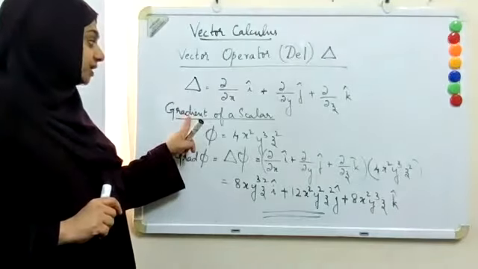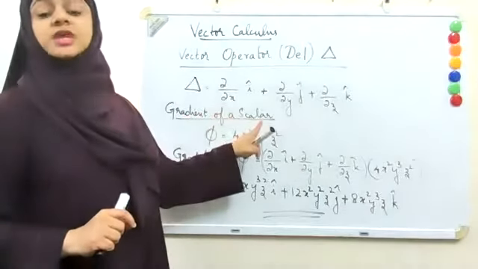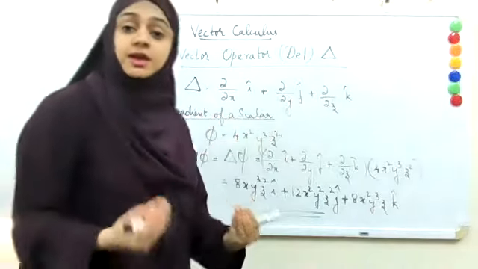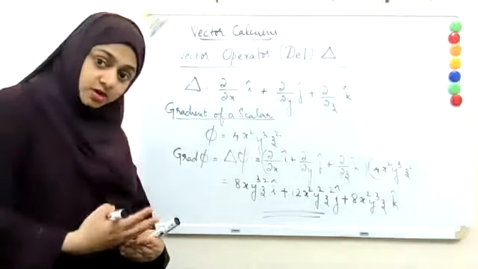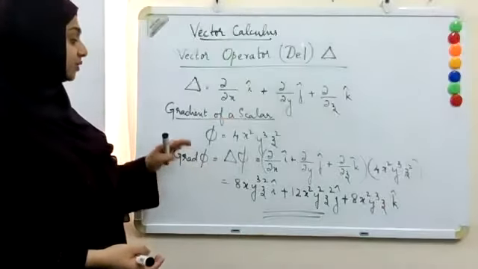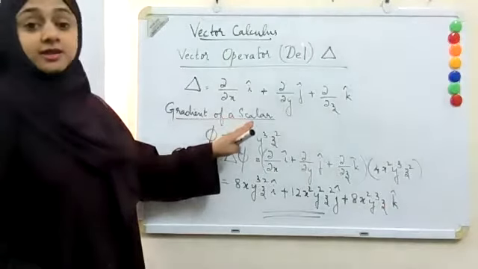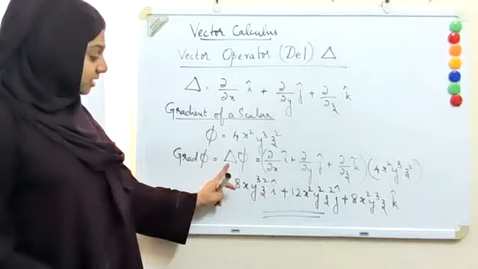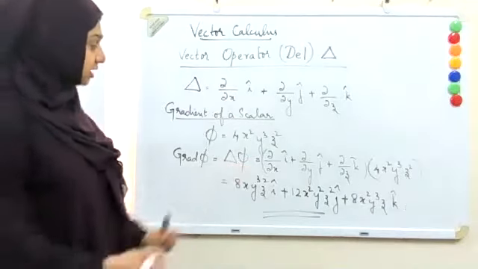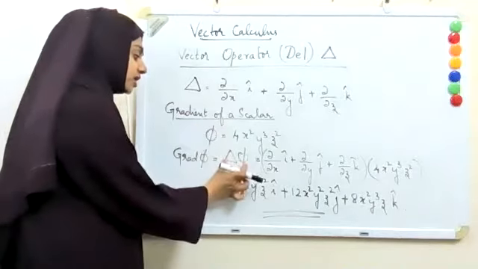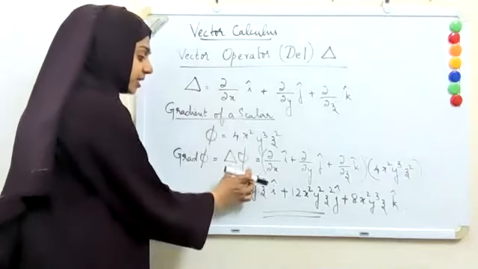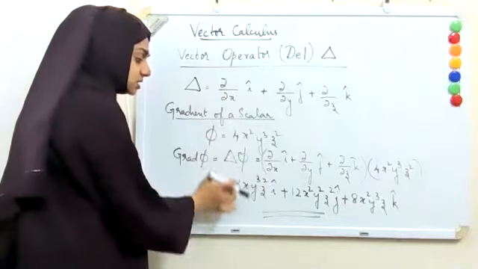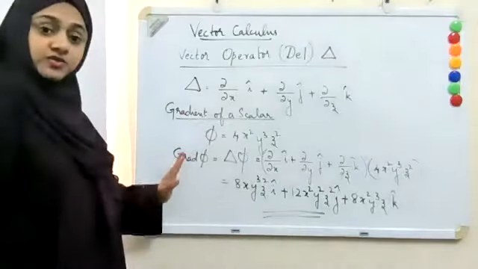So if you take gradient of a scalar quantity, it becomes a vector. So if you want to change a scalar quantity to a vector, you can take its gradient. The word is gradient. What we are doing is del phi. So you have to remember how to do this. Is this clear how to take the gradient of a quantity?